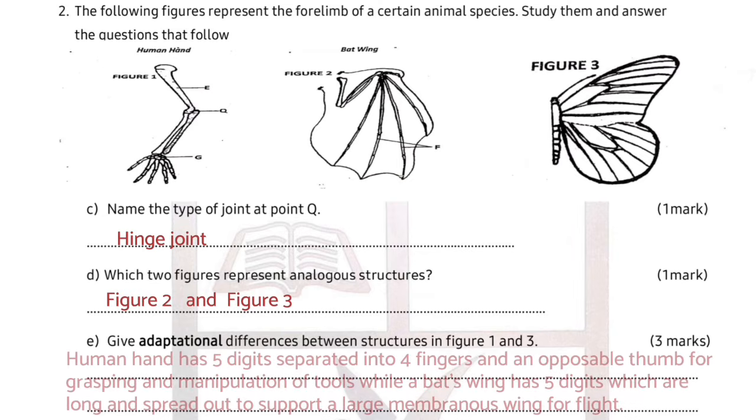A bat wing, on the other hand, also has 5 digits. Remember, they both have the pentadactyl limb system, but the fingers that are present in a bat wing are long and spread out so as to provide a large surface area for the membranous wing, allowing for flight.